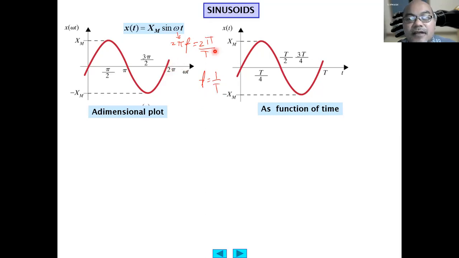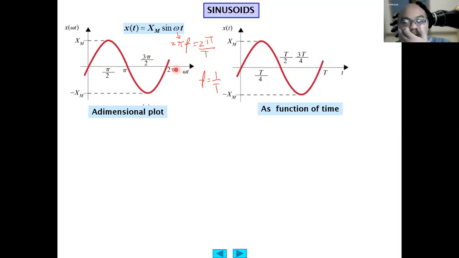So if this is divided by 2 pi over T, pi divided by 2 pi over T becomes T over 2, half of T. Pi over 2 divided by 2 pi over T equals T over 4.